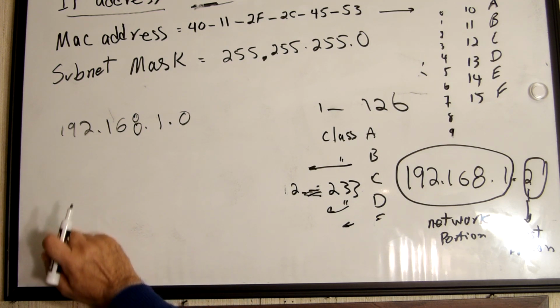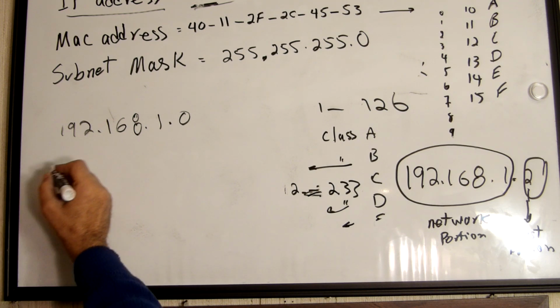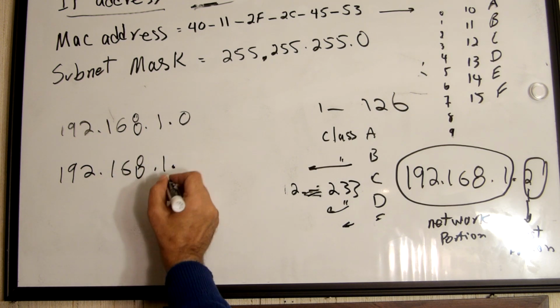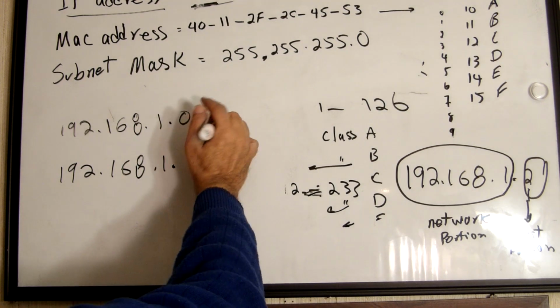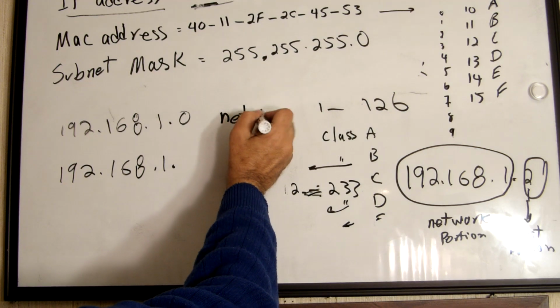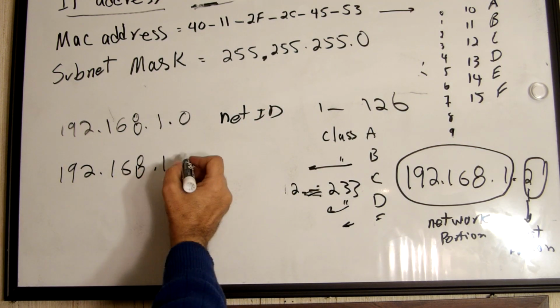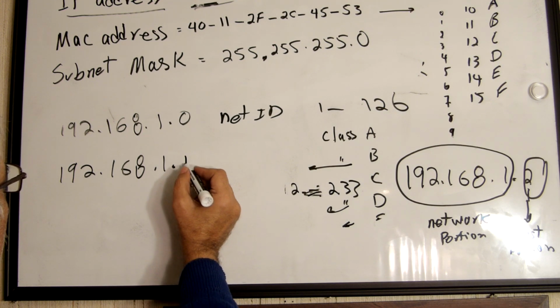For example, 192.168.1, this is the network ID, and then the host is going to start from 1 up to 254.